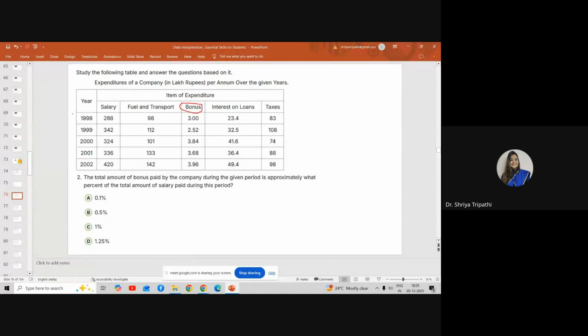Given period means we'll consider all these, is approximately what percentage of the total amount of salary paid during this period?